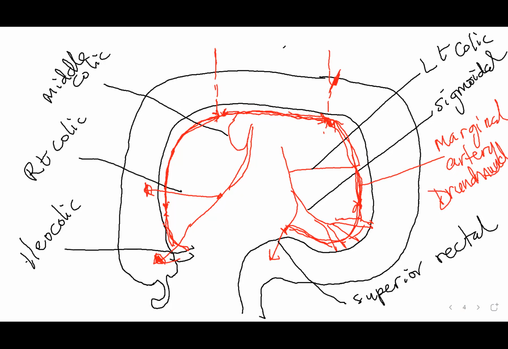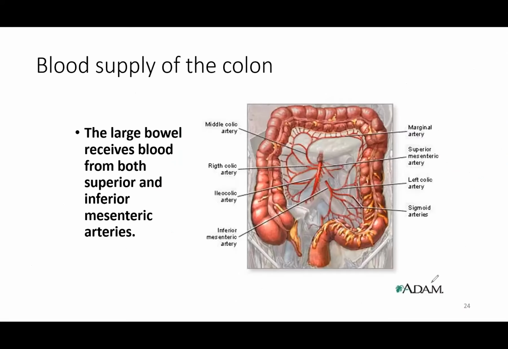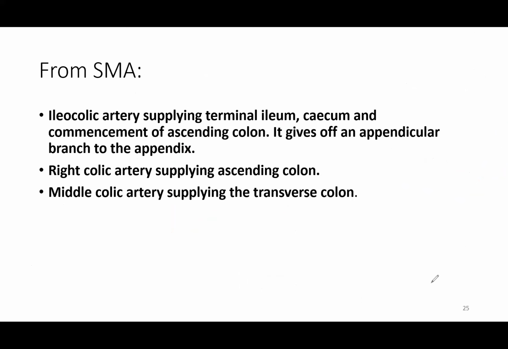Now, what you should know about this distribution is that the lymphatic drainage of the colon runs along these vessels. I actually wanted this to be a separate lecture so that we can discuss it in detail. The large bowel receives blood from the superior and inferior mesenteric arteries. You should have a mental picture of what I'm reading now.